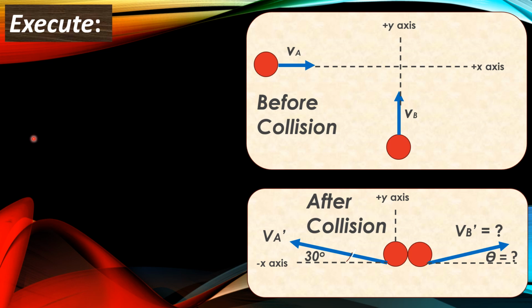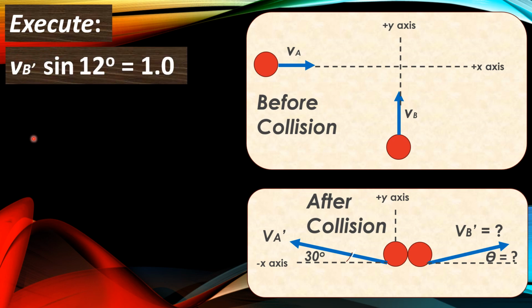Knowing the angle of deflection, we can now use equation number 2 to find the magnitude of b sub b prime, which is 1.0 divided by the sine of 12 degrees.